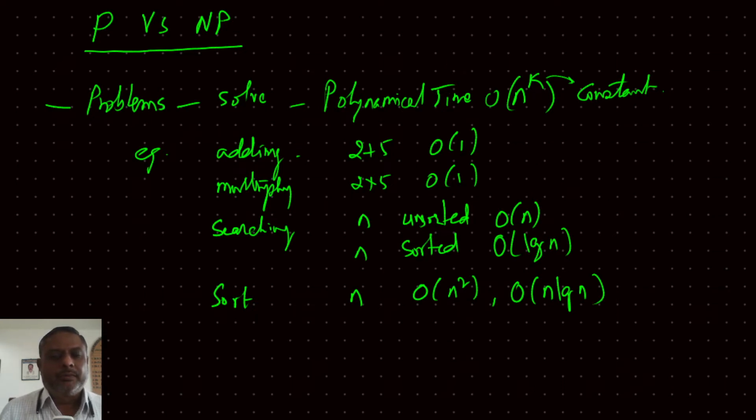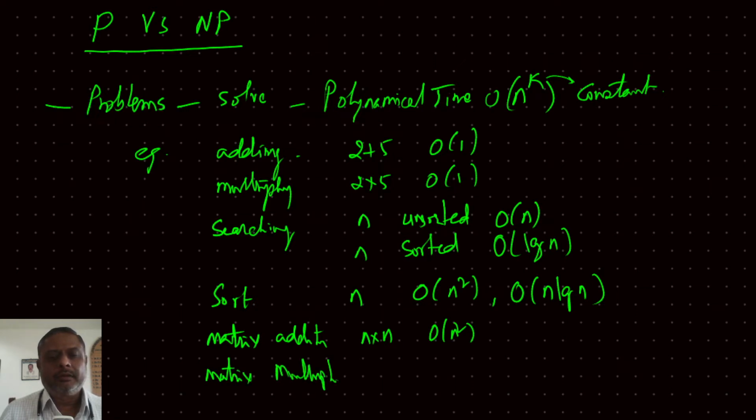If you want to add matrices, then we have matrices of n by n, so it's going to take order of n square. If you talk of matrix multiplication, then we are working with n by n matrices, so it's going to be order of n cube.